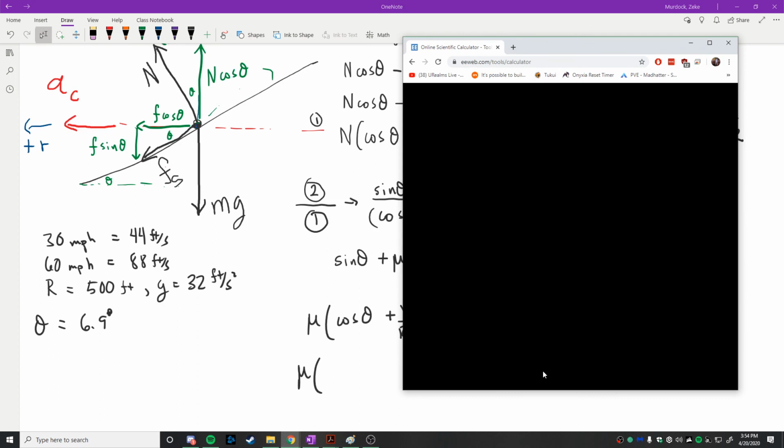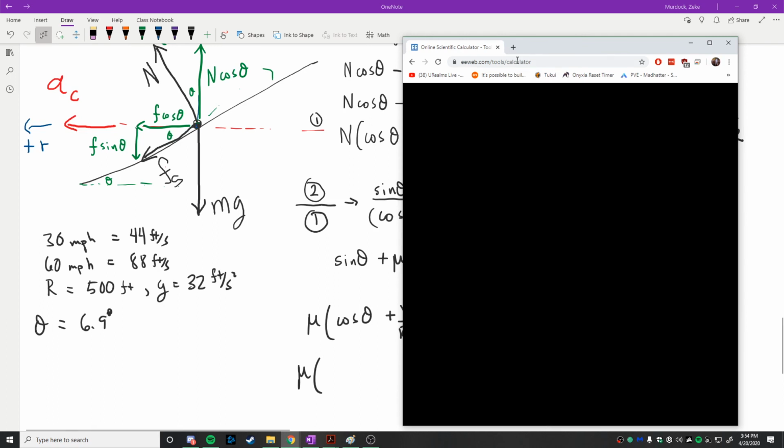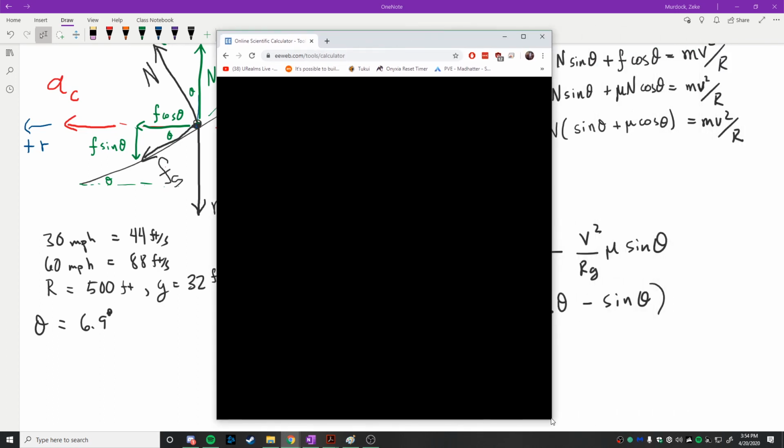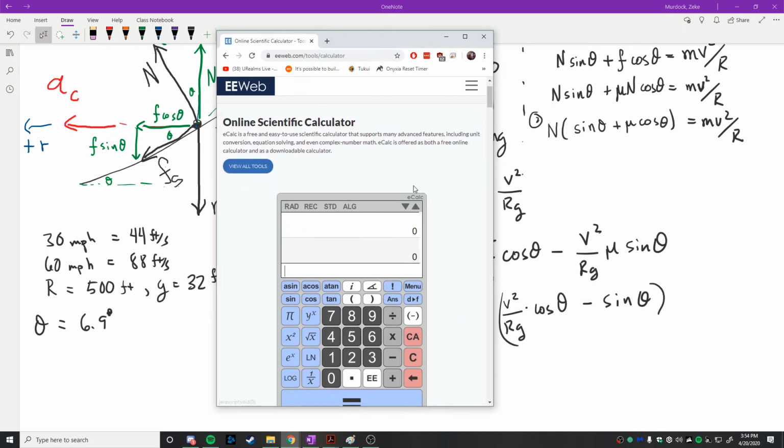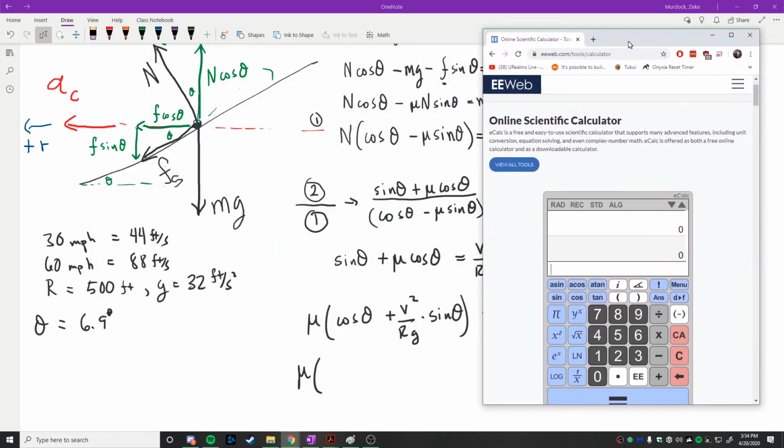Second to load. I don't know why it takes so long to load this. There it goes. Okay.